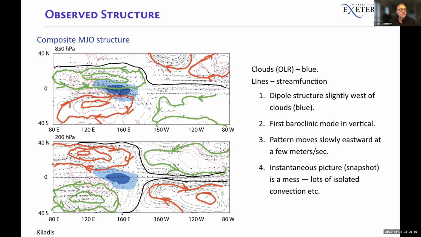And secondly, you can see a dipole structure on either side of where the intense precipitation is. So here's the precipitation around here. And here you can see the motion converging towards the center of precipitation.